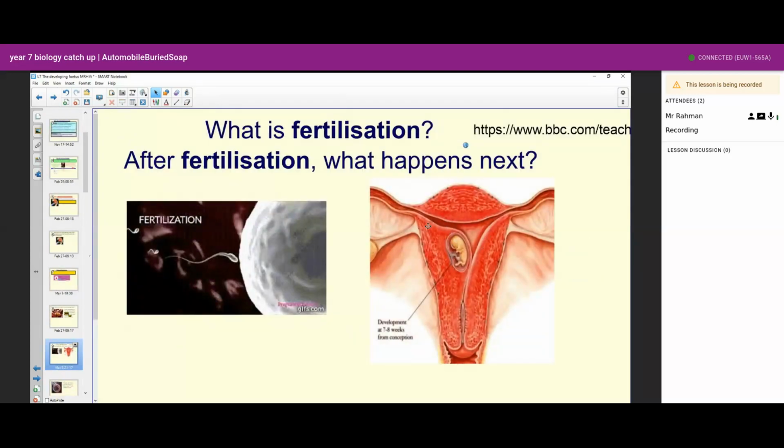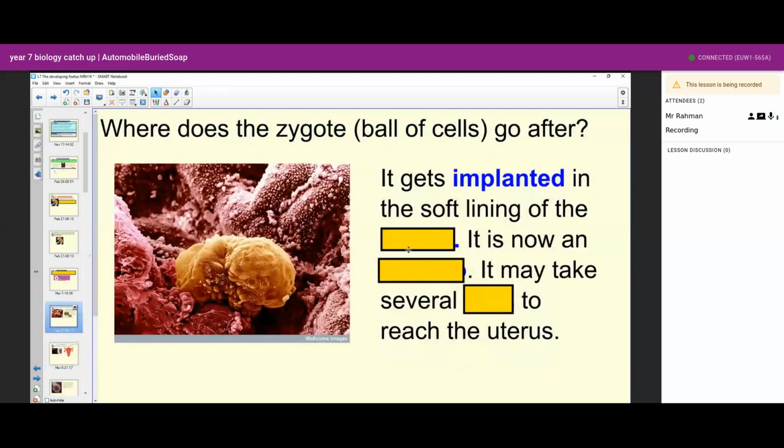You can see that this slide is showing the uterus, and the zygote or the embryo is on the inner lining of that. It is now an embryo, and it may take several days to reach the uterus.